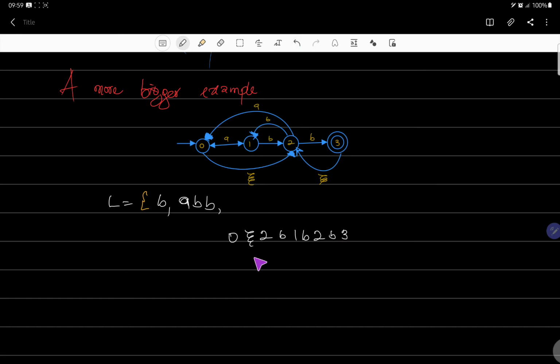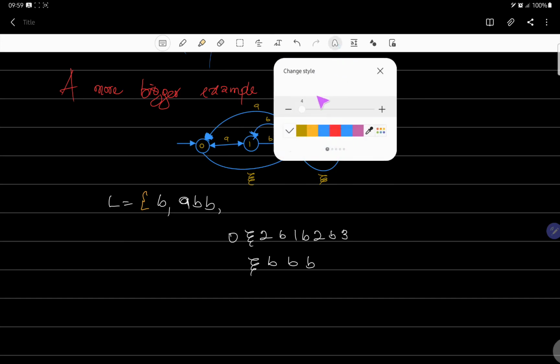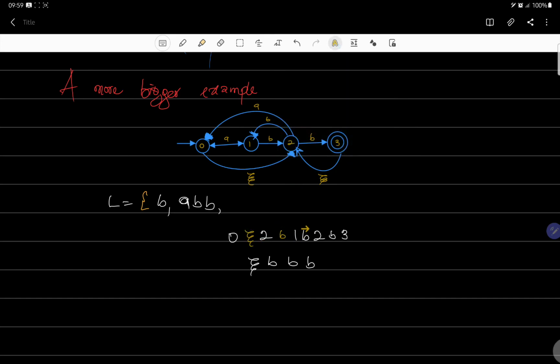That's another finished one. So we have epsilon, b, b, b. Epsilon is obviously empty, so we'll be having just b, b, b.